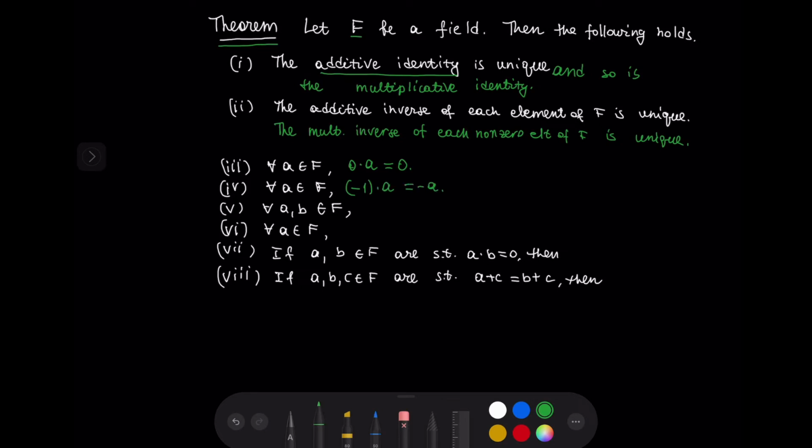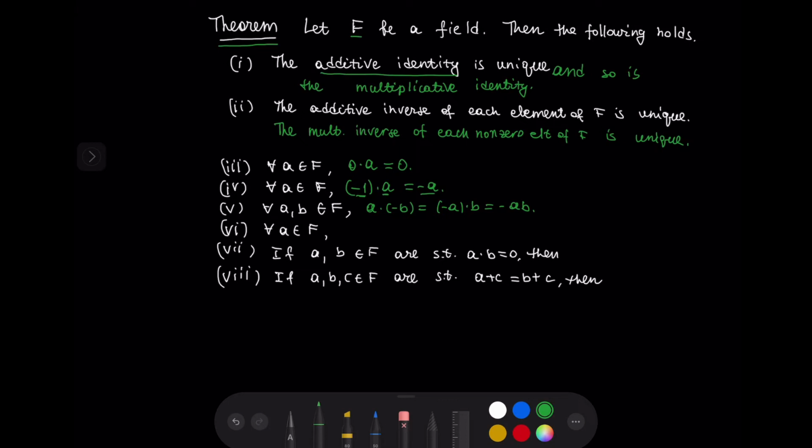So the real meaning of this equality is that when we take an additive inverse of 1 and multiply it by A, we get an additive inverse of A. The next property is that for every A and B in F, A times minus B is the same as minus A times B is the same as minus AB. So it means that A times the additive inverse of B is the same as the additive inverse of A times B is the same as the additive inverse of AB.